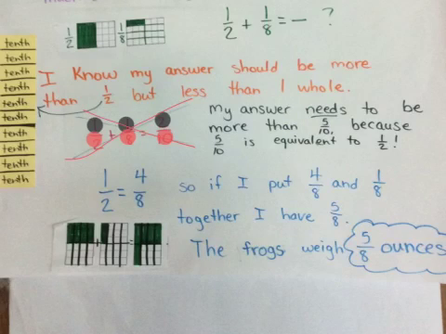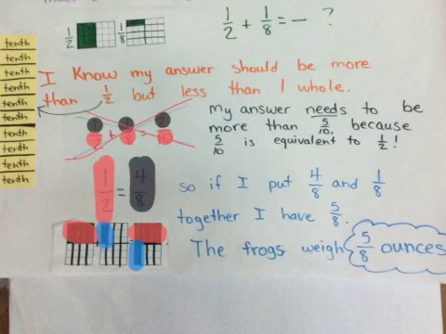So instead, you should use a model. Like down here, I've got my 1/2 shown right here, and I've got 1/8 right here. Okay, and if I just put them together on a 4x6 rectangle, I can see how much I have, and then I can figure out what fraction that is, because 1/2 is the same as 4/8.